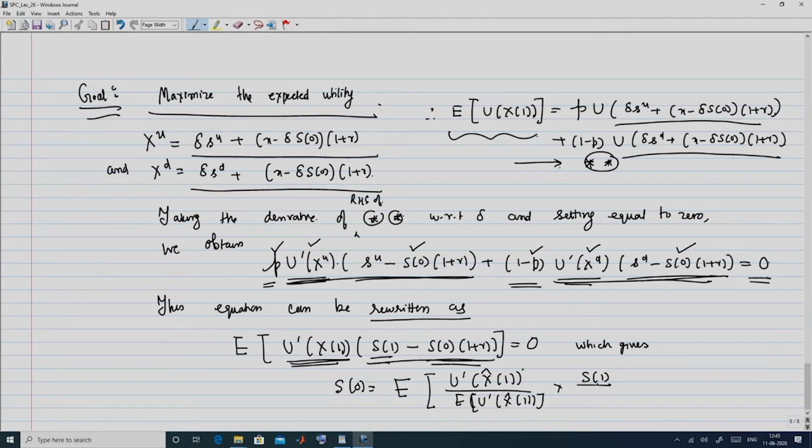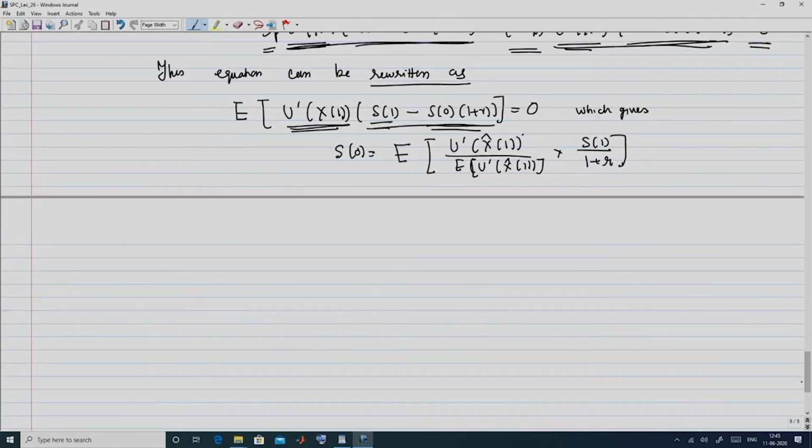So, here the notation x hat of 1 is the optimal terminal wealth for the investor.